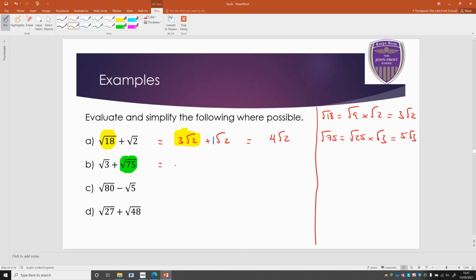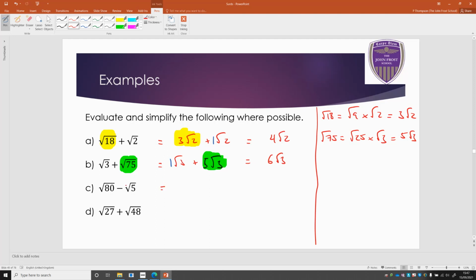So this actually is root 3 here, plus root 75, which is 5 root 3. And again, 1 of something plus 5 of the same thing is 6 of the same thing. 6 root 3.